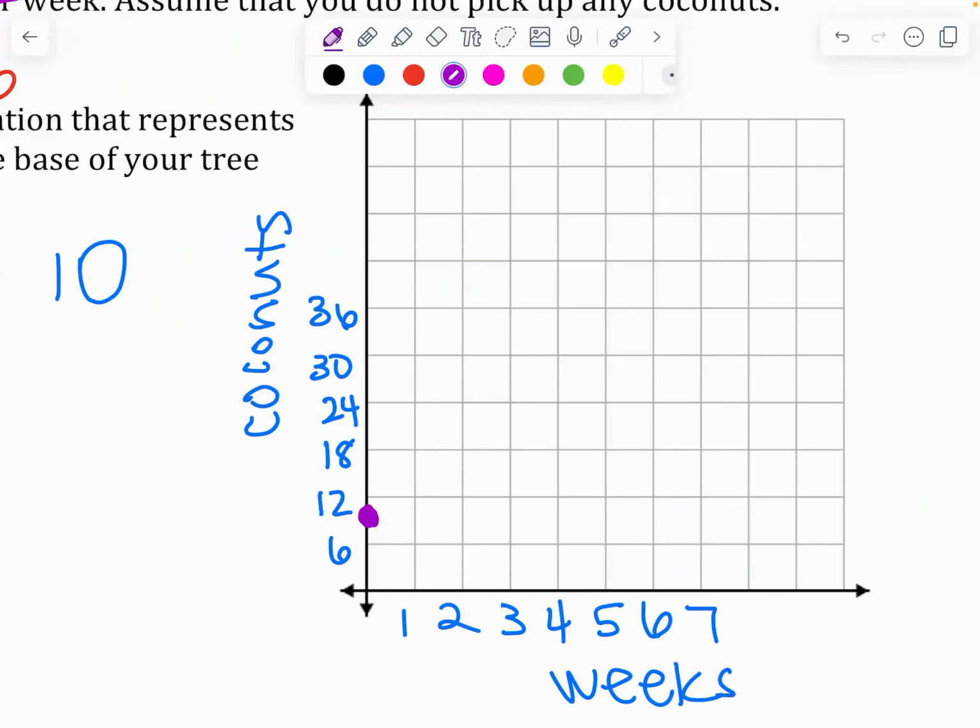And our slope is 6. So we need to go up 6 over 1. So if I go up 6 and over 1, remember I counted by 6 for the y's, but I counted by 1s for the x's. So that's what it would look like to go up 6 over 1.